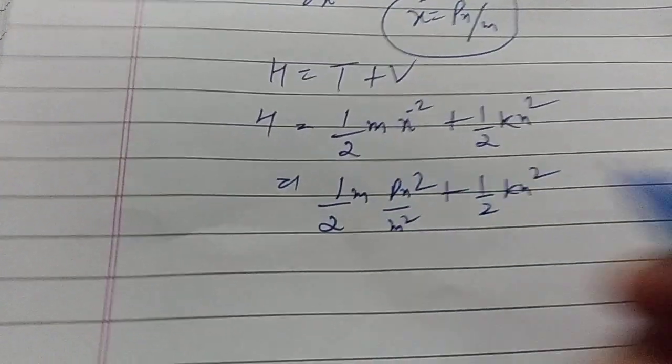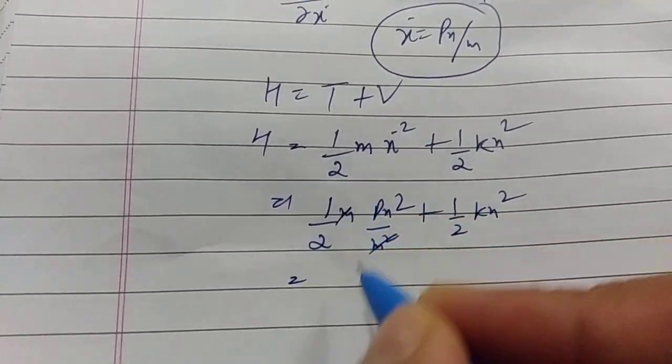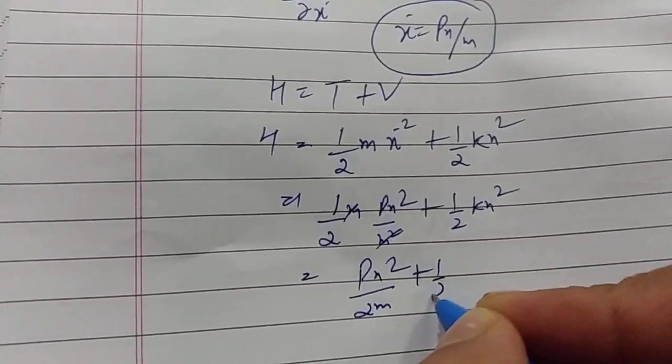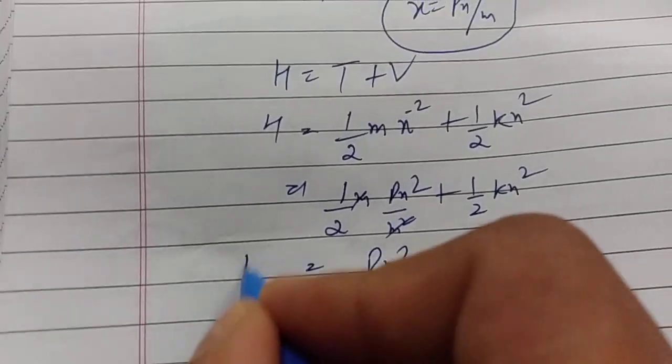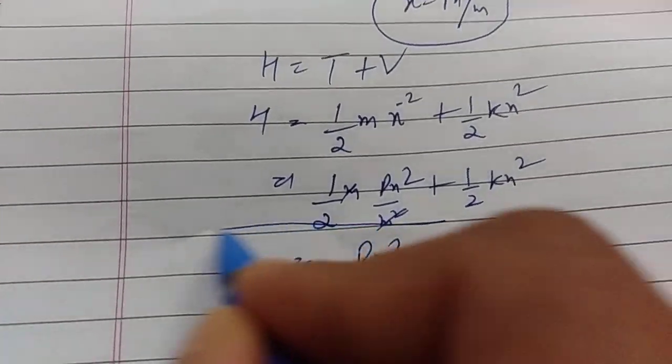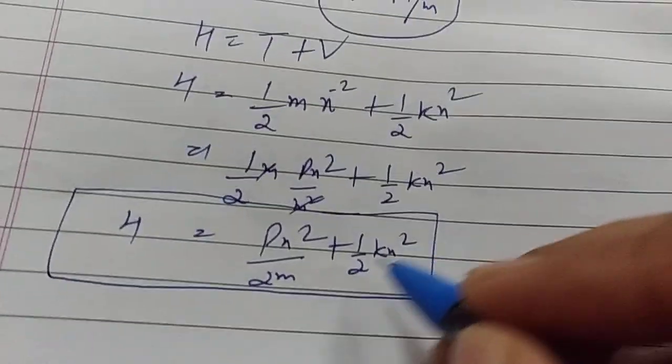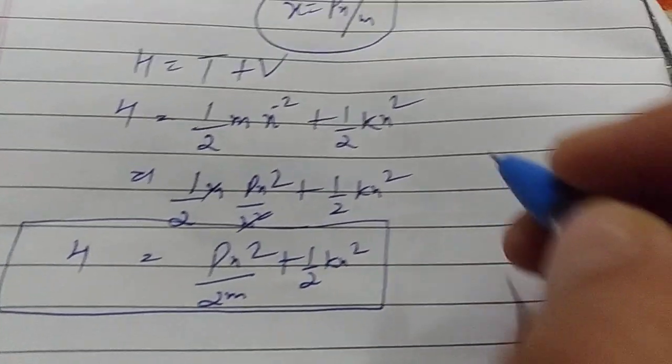Simplified, it is px square upon 2m plus half k x square. That is the Hamiltonian, and it represents the total energy because the system is independent of time. So H is equal to px square upon 2m plus half k x square.